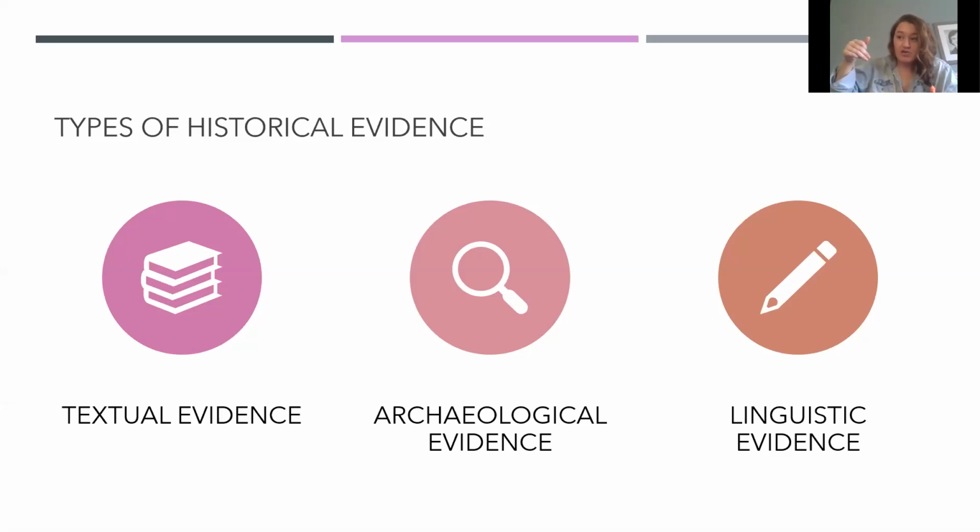If we were able to translate the Kingdom of Kush's Meroitic script, that would be first primary source textual evidence. We also have archaeological evidence. This is the material culture that was left behind that we can dig up or examine visually.